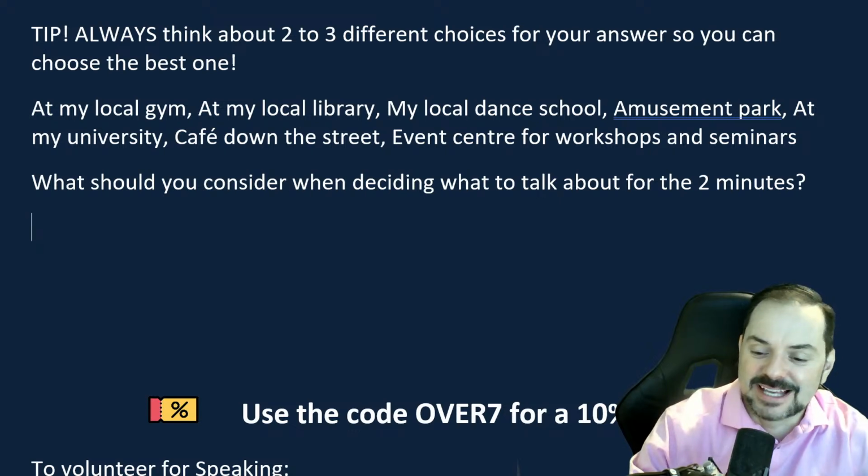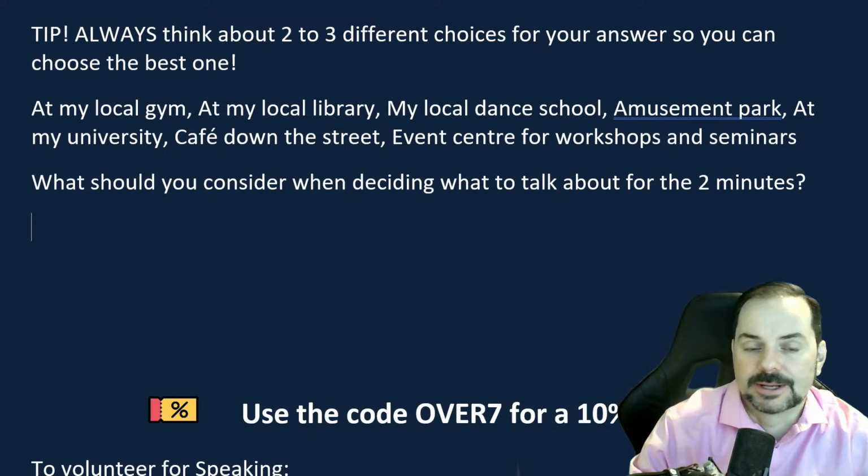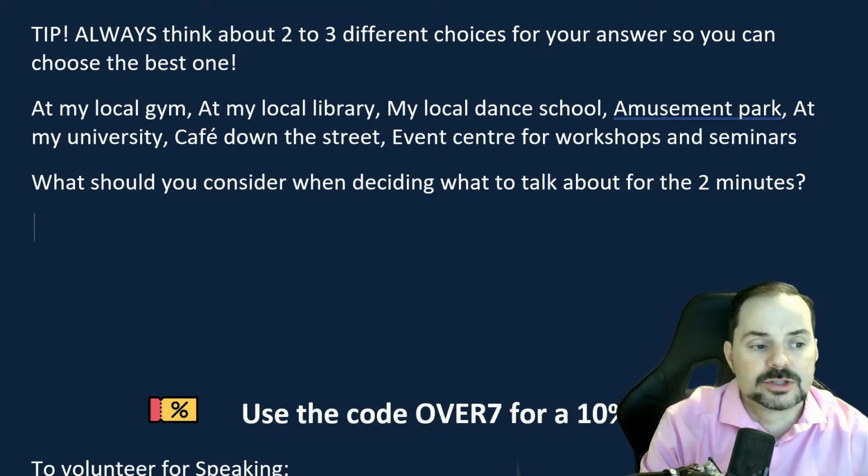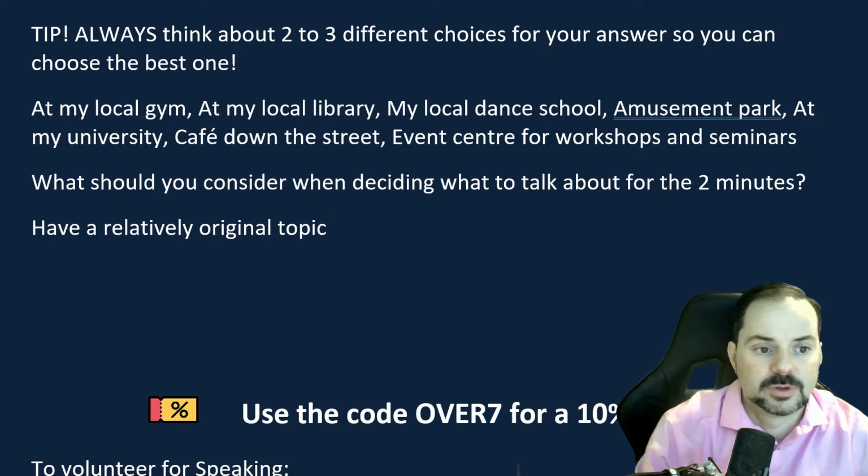Okay, Philo says to not be boring or to not have too casual of a topic, right? Or another way to say it from the positive perspective, Philo, is be original. So have a relatively original topic.